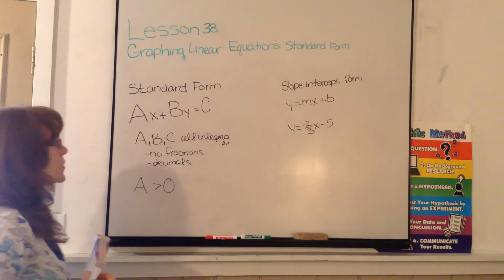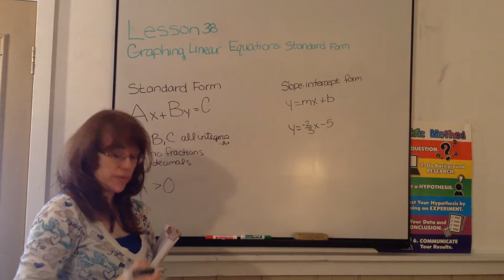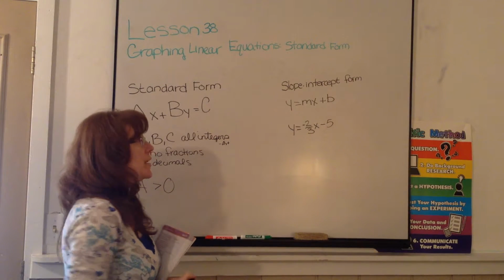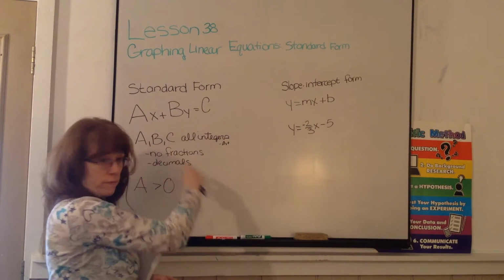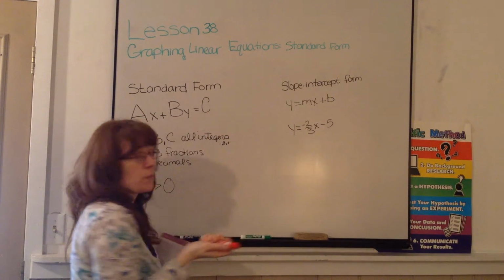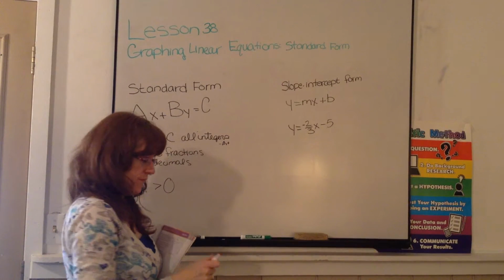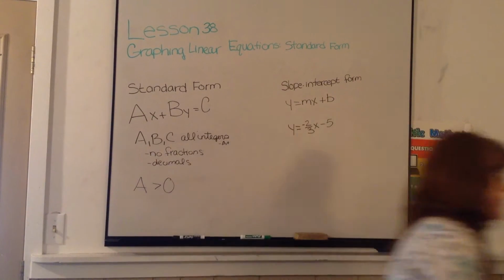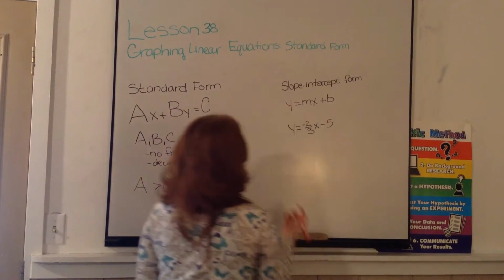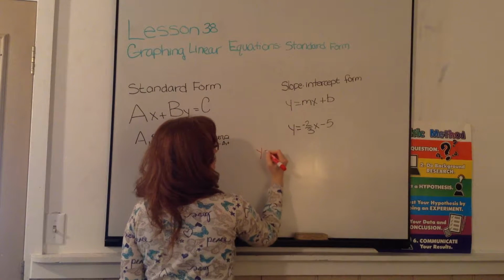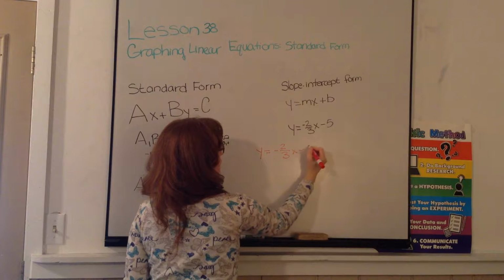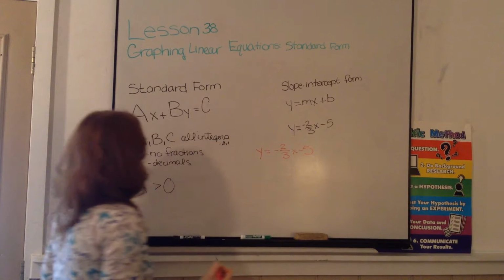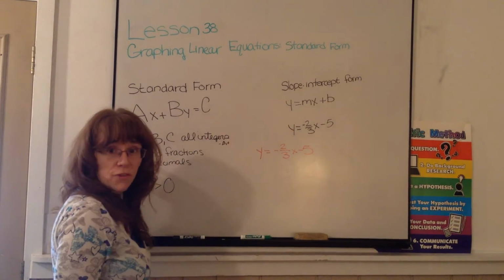All right. So now that we've got that, what we're going to do is figure out how to change our slope-intercept to standard form. And I'll use a red marker just to make it easy to see. So I have y equals negative 2/3 x minus 5. Well, it says over here I can't have fractions.